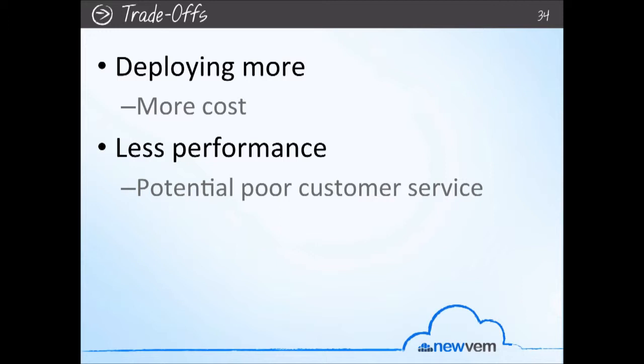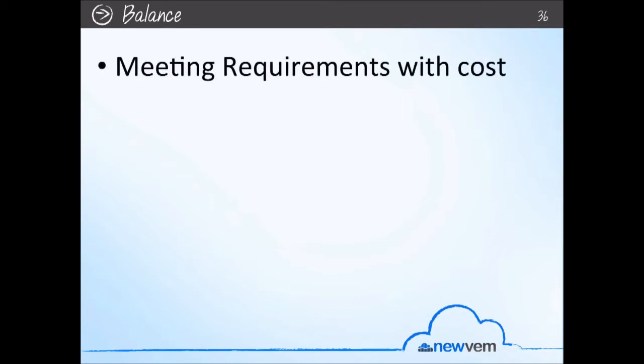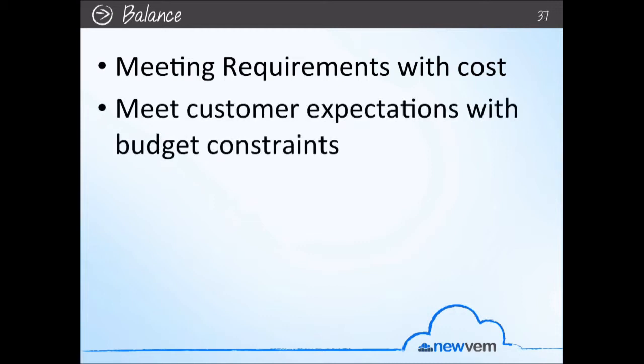For example, outages, poor performance, or exploited vulnerabilities. Cloud customers need to find balance, meeting requirements around availability, performance, and security with the cost of those resources. Ultimately, they need to meet end-user customer expectations within budget constraints.